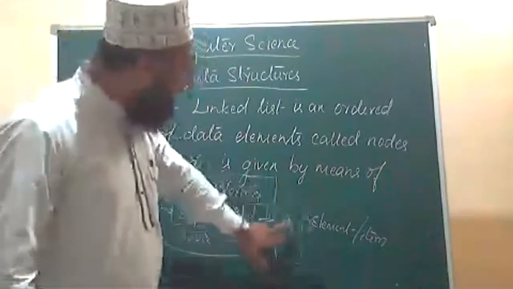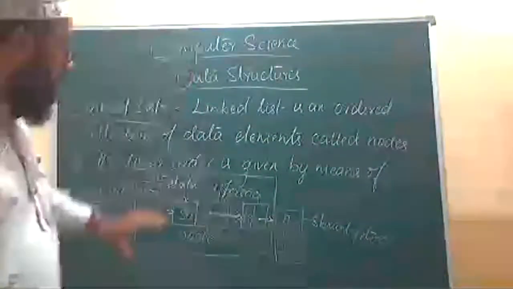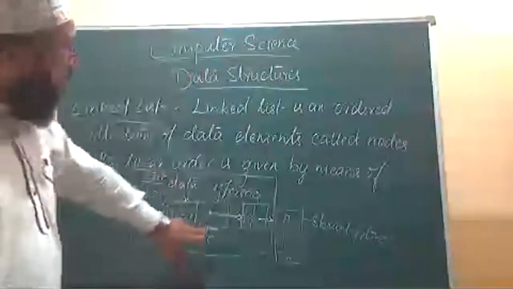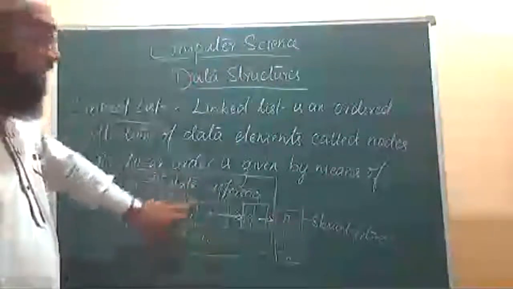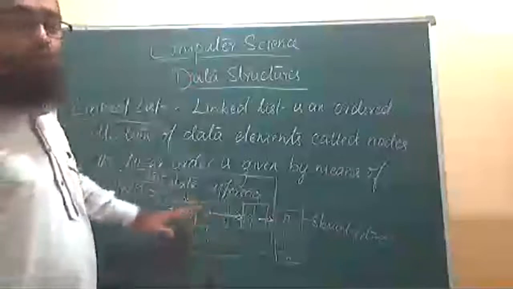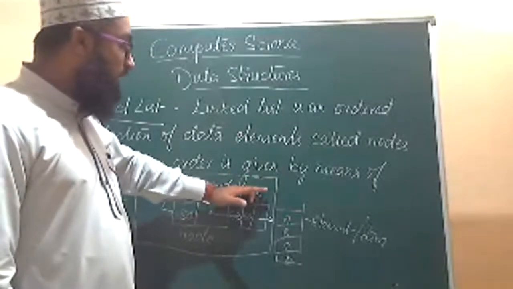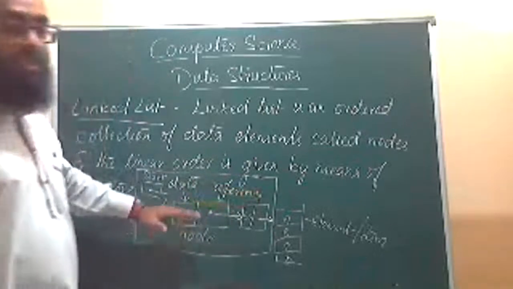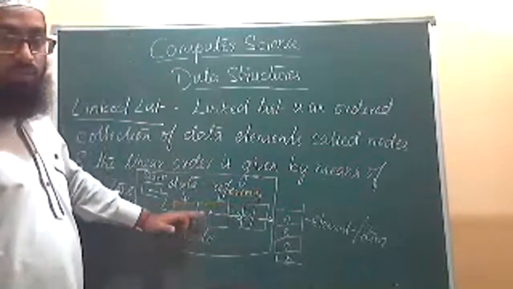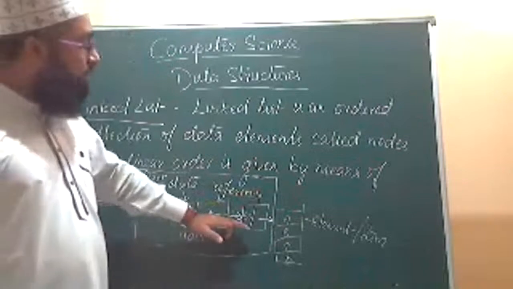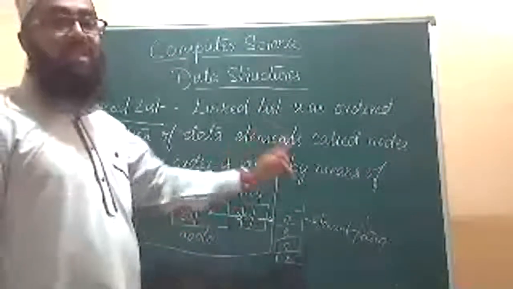Here in arrays we use items or elements, but in a linked list, in place of items, nodes are used, which contain two parts. The first part is the data part, and the next part is the reference part. The data part contains its own data, and the reference part is a pointer to the next node.